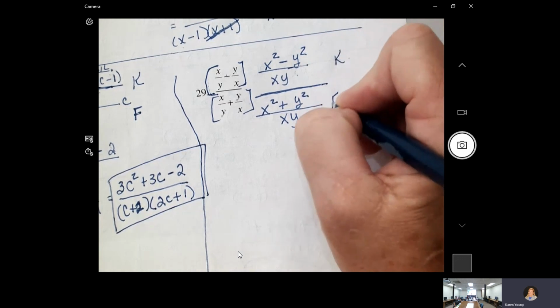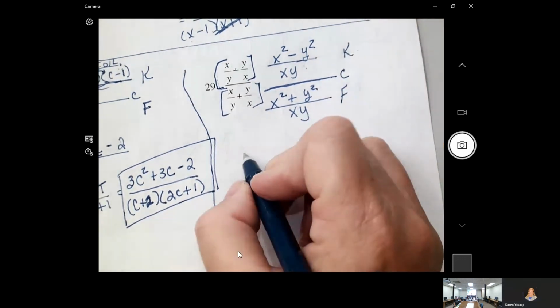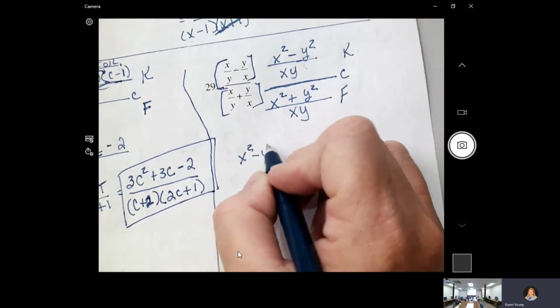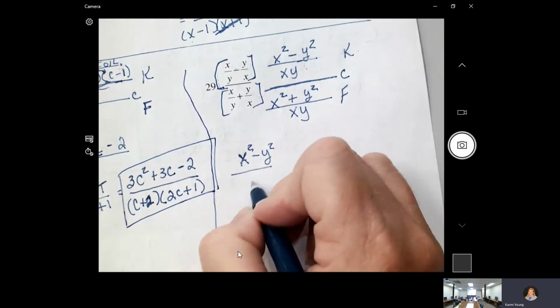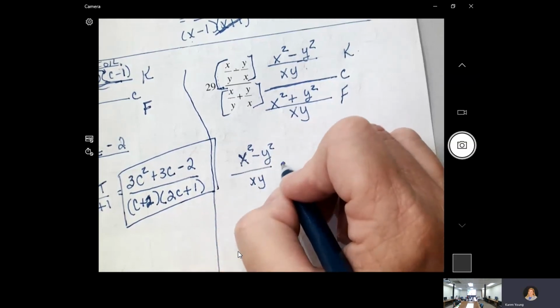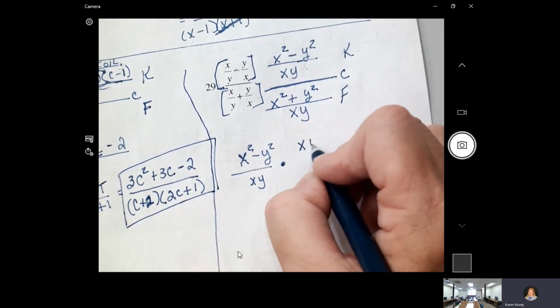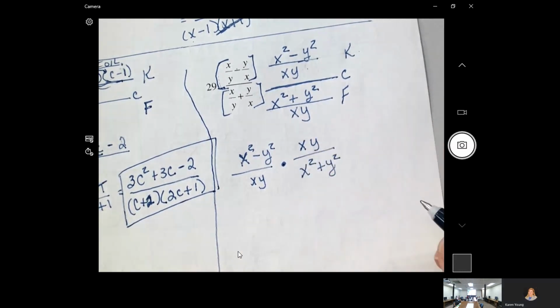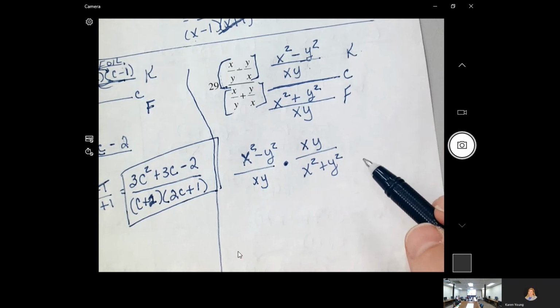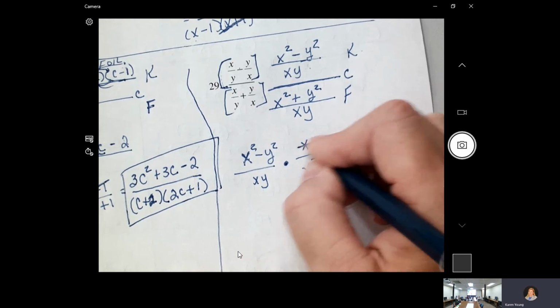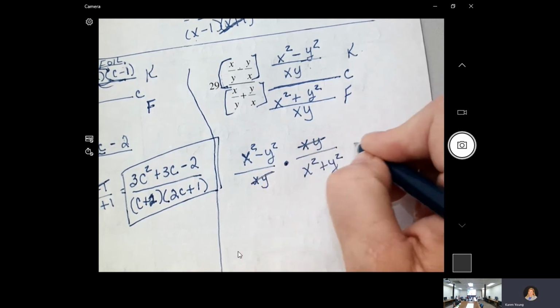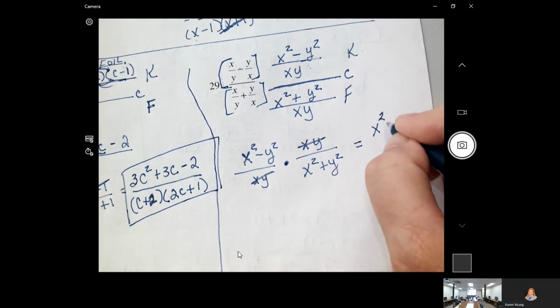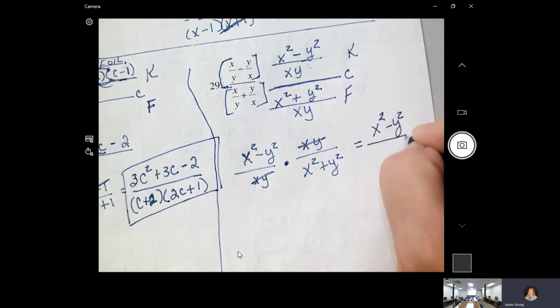So I'm going to do the x squared minus y squared over xy, change it to multiplication, xy over x squared plus y squared. So the xy would cancel out, and then you just put them together. So x squared minus y squared over x squared plus y squared.